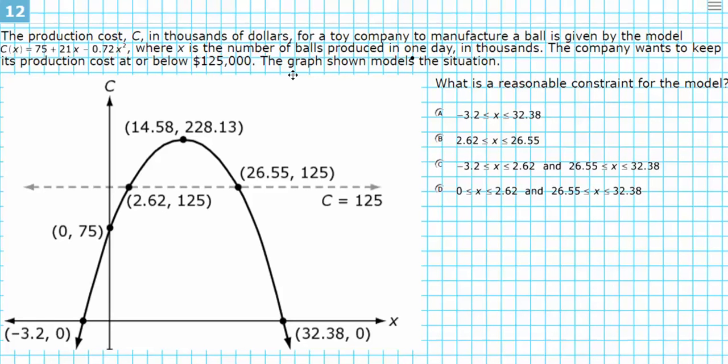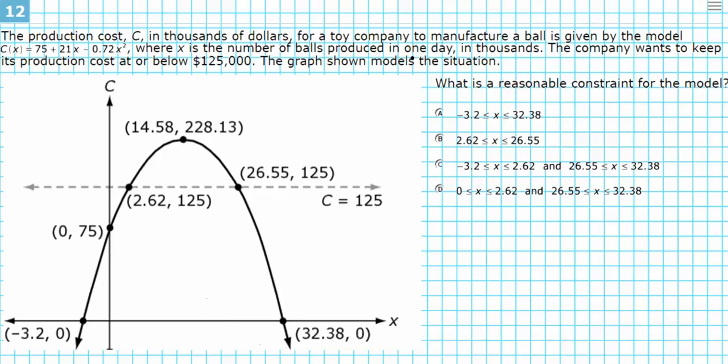Okay, so is it possible to produce a negative number of balls? The answer is no, it's impossible to create or to manufacture a negative number of balls.